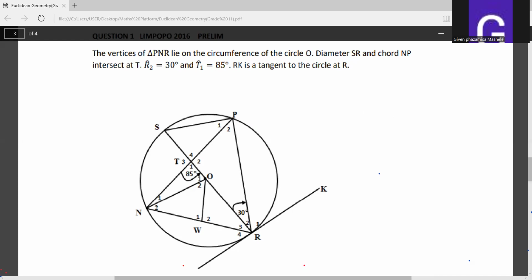Okay, just a minute. I want to check something. Okay, then the first one says the vertices of triangle P, N and R lie on the circumference.